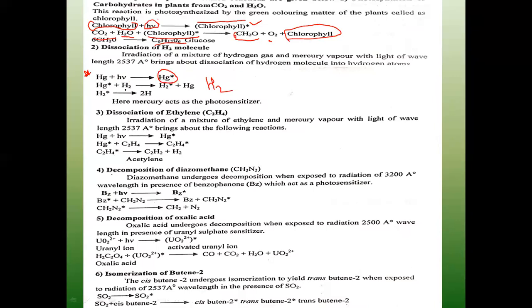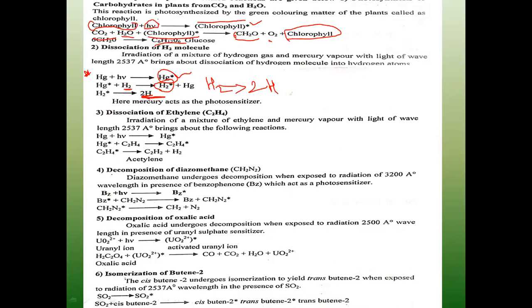And then this sensitizer gives its energy to the hydrogen molecule, and the hydrogen molecule gets excited. In the excited energy level, it breaks down into two hydrogen atoms, and the hydrogen molecule is decomposed as twice H. Okay, so this is the decomposition of the H2 molecule in the presence of mercury as a photosensitizer. So it is an example of a photosensitization reaction.